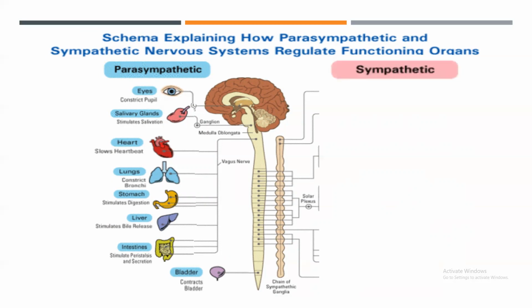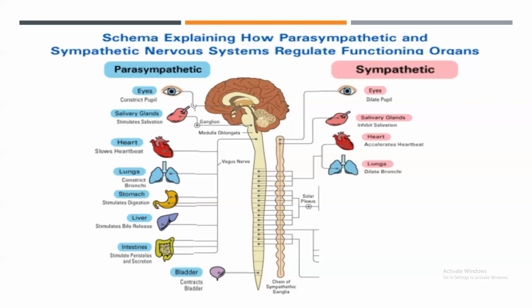When the sympathetic system is stimulated at the time of stress, the pupils of the eyes get dilated, and it inhibits salivation in the salivary glands. It accelerates the heartbeat. That's why we are always breathless when we are in stress. The bronchi dilate.